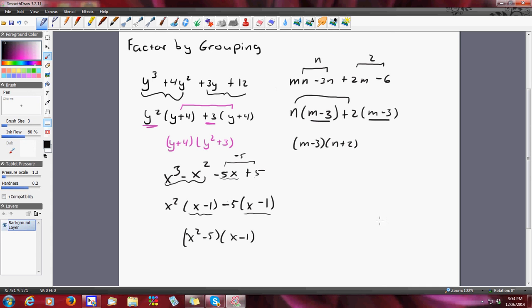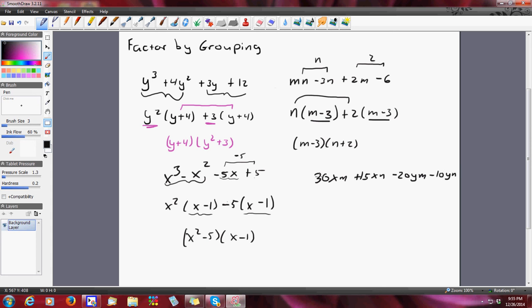There is one last question I would like to do, and it's this one. It's 30xm plus 15xn minus 20ym minus 10yn.